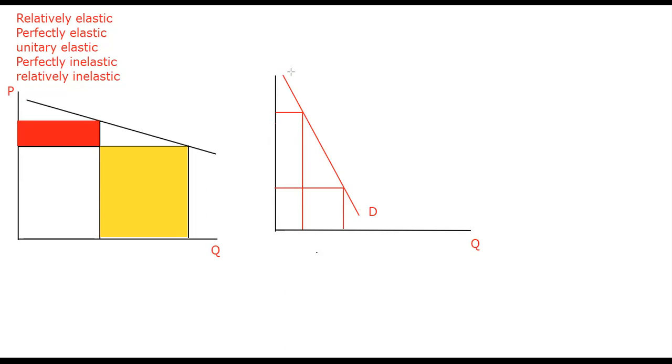Price has increased by 90%, but quantity demand has only fallen by 20%. And so it means quantity demand is less responsive to price.